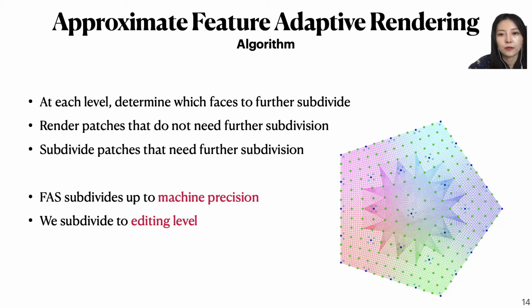FES keeps subdividing the mesh around irregular faces at each subdivision level until tessellation of the newly generated patches only amounts to evaluating the corner positions. In our algorithm, we introduce the concept of affected faces to determine at which subdivision level to terminate subdivision. I will explain this in detail.